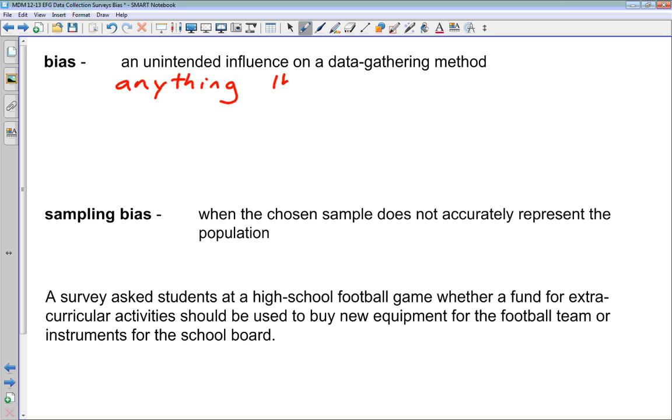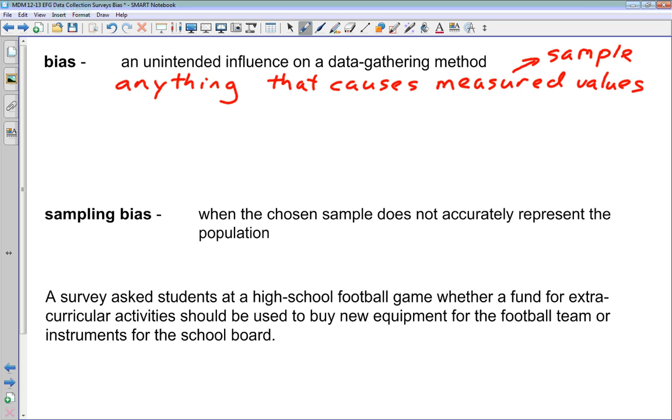that causes the measured values that you're trying to measure, and you're measuring these things from your sample, anything that causes the measured values to deviate from, and we'll put this in quotation marks, the true values.